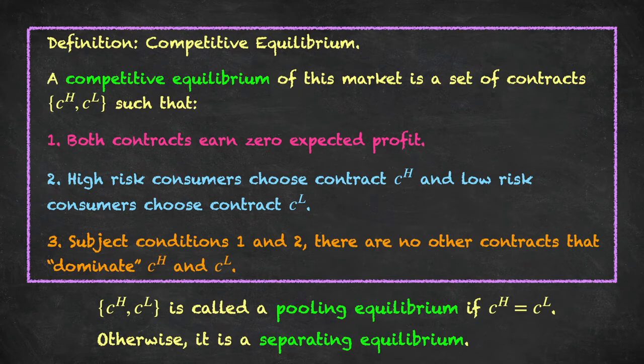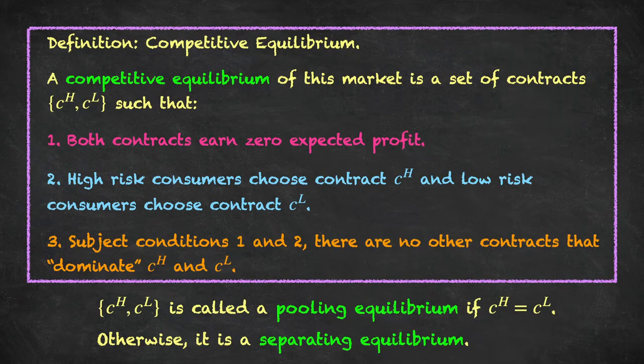Well, an alternative contract would dominate these contracts CH and CL if the relevant type preferred such a contract, and also that it could be sold by a firm without losing money, so if it made non-negative profit. So if we had a contract, for instance, that high-risk types preferred to contract CH, and also that such a contract could be sold and make a positive expected profit, then that would violate the condition of CH belonging to the equilibrium set of contracts.